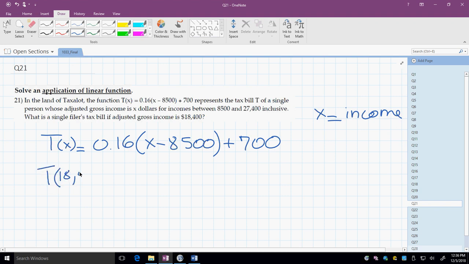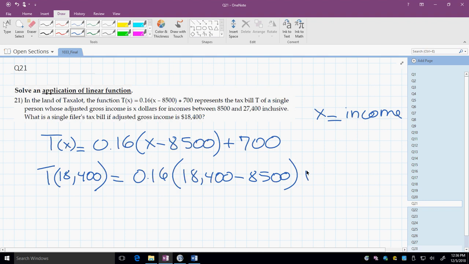So 18,400, 0.16, substitute the X again. It's going to be 18,400 minus 8,500 plus 700.